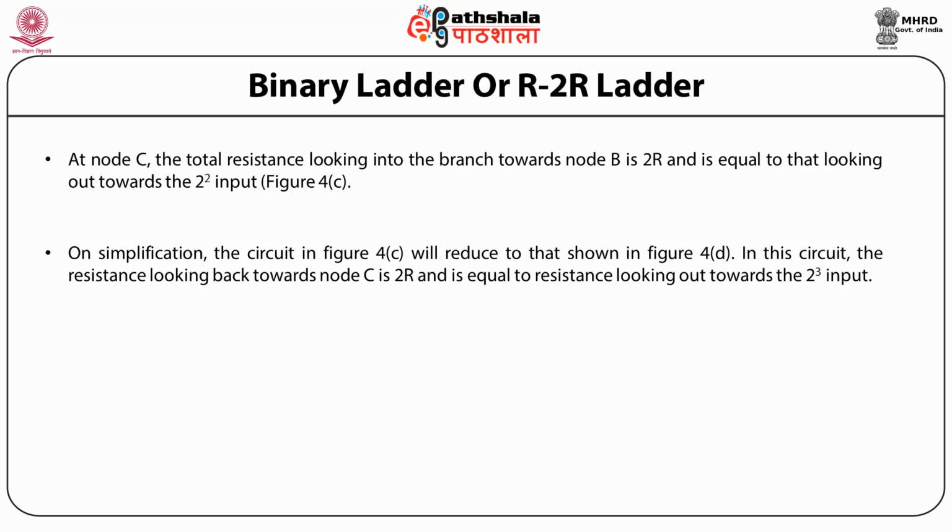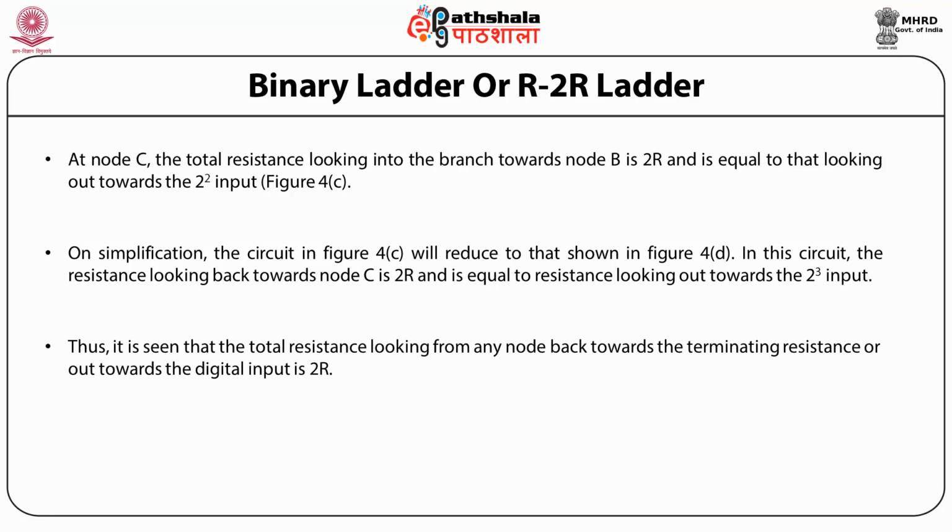On simplification, the circuit in figure C will reduce to that shown in figure D. In this circuit, the resistance looking back towards node C is 2R and is equal to the resistance looking out towards the 2 raised to power 3 input. Thus, it is seen that the total resistance looking from any node back towards the terminating resistance or out towards the digital input is 2R.